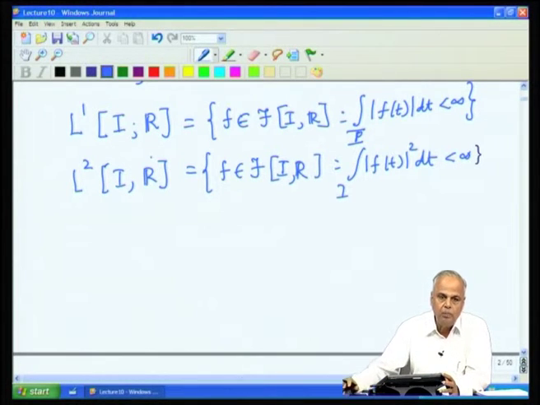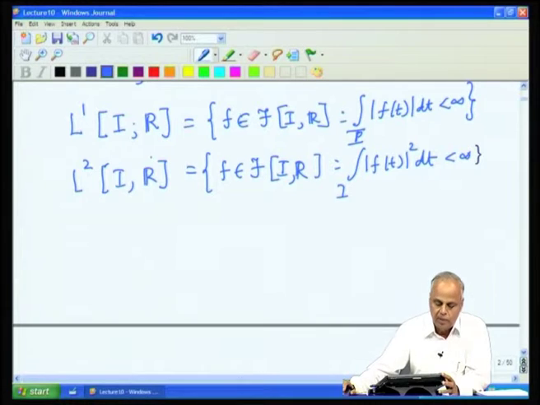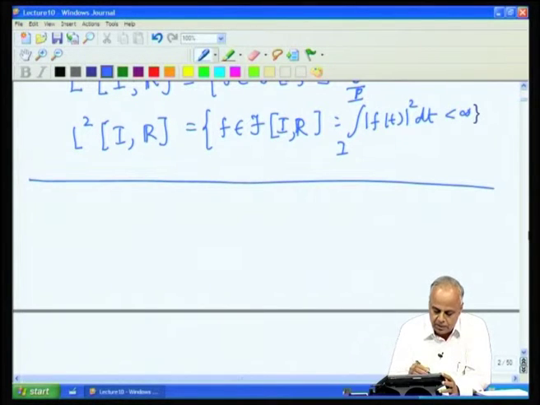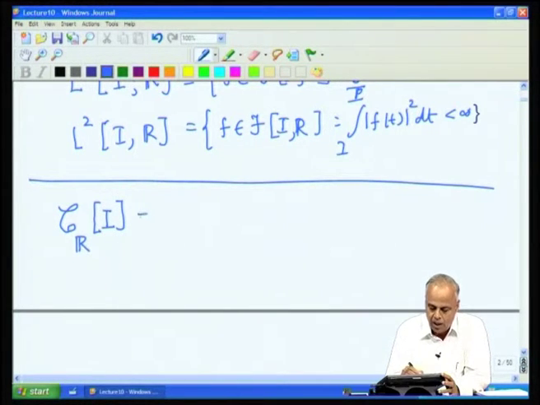We shall now look at more examples of functions and their vector spaces. Again, we look at the collection of all functions which are defined on an interval and which take real values, and the C stands for continuous.